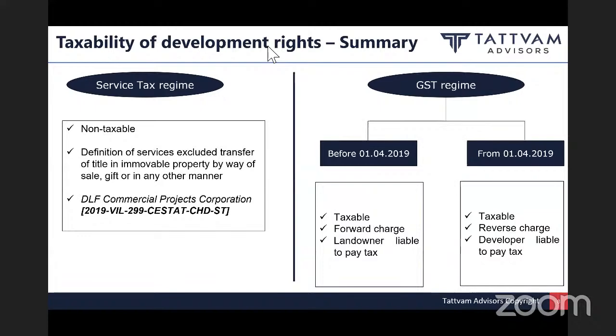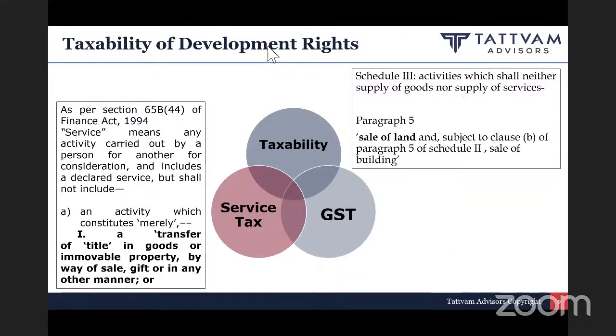So in such a situation, if we have to argue that transfer of development right will be treated as sale of land, then it will be very, very tough in my view. In my view, sale of land is a restricted phrase vis-a-vis what was specifically used in the pre-GST era. In pre-GST, the language was very wide, transfer of any immovable property, whereas the language in GST is sale of land.